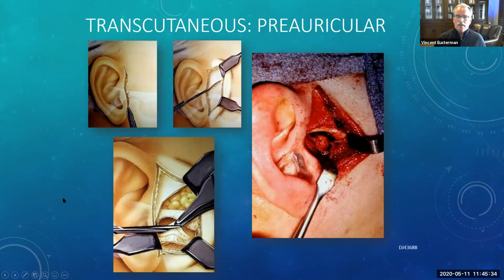Cutaneous approaches, the external approaches to the mandible, are through a variety of ways, certainly pre-auricular to the condyle, with care taken to avoid the facial nerve.